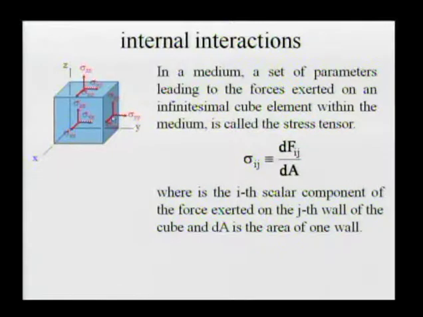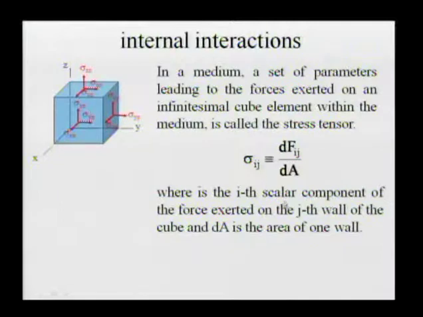I know that this is a new concept for you, so you really have to concentrate. Let's analyze what is what. So sigma ij is a component of stress. Now i and j can vary. These are subscripts which can vary. You can have x, y, and z.